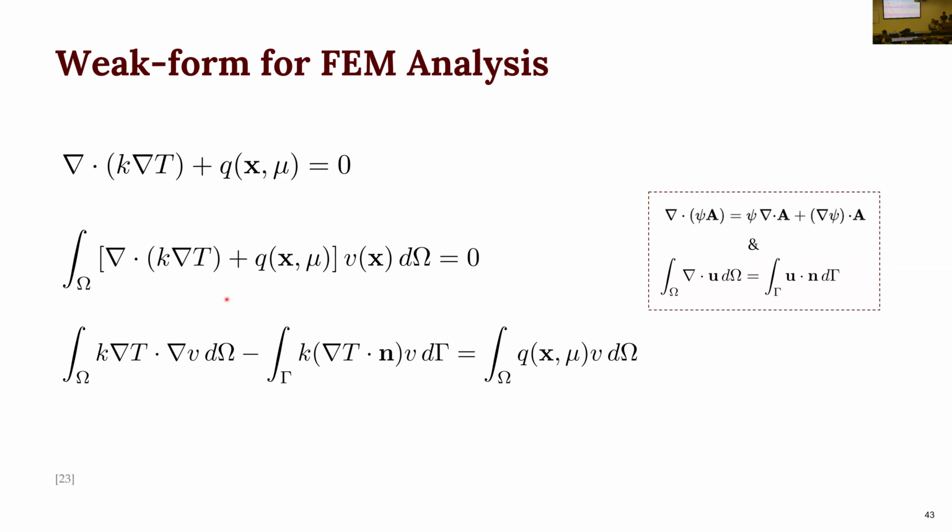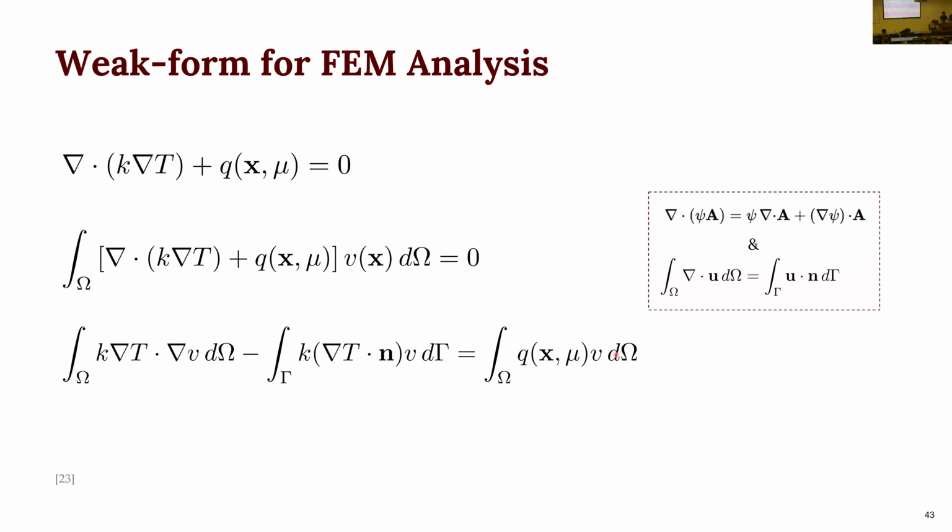And so this integral formulation is derived by multiplying the PDE with a test function psi(x), which vanishes on the boundary, and integrating the result, we get this expression. In order to go from the second step to the third step, we use this vector identity and the divergence theorem.